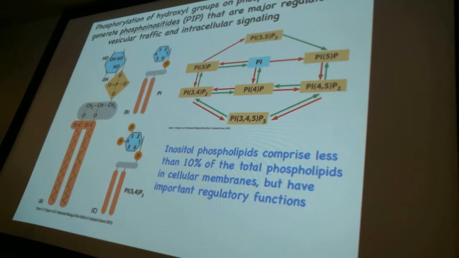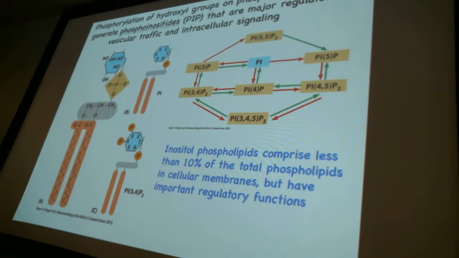So this is a diagram of how, what is really interesting about this is that it offers the cells many possibilities. This is the structure of this lipid, in which you have this sugar inositol group that has these hydroxyl groups that can be phosphorylated. This here shows the whole collection of the different types of phosphoinositides that can be formed just based on how many phosphate moieties are added.